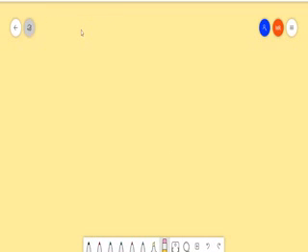Now, let V be a vector space with a scalar product.